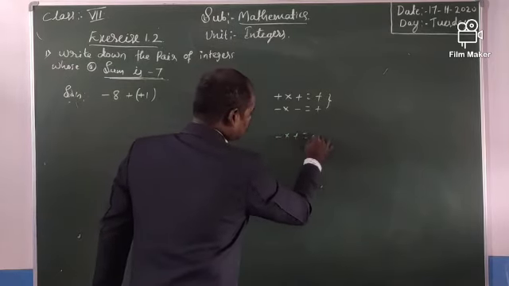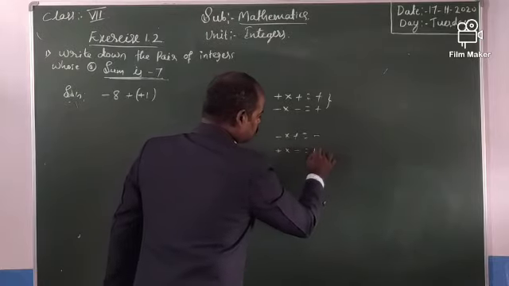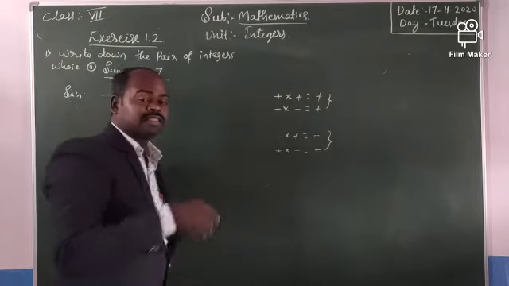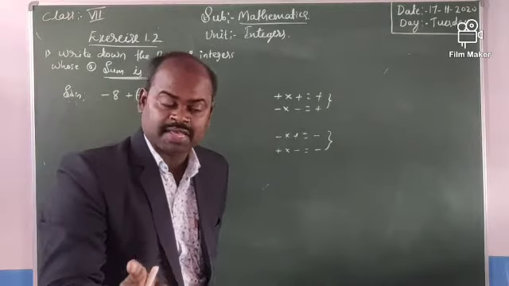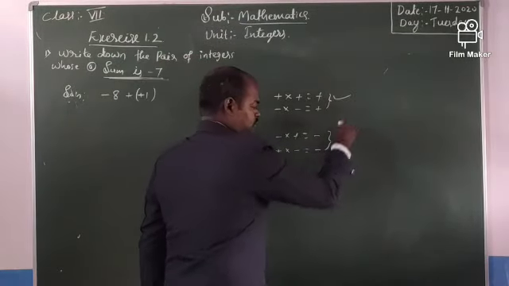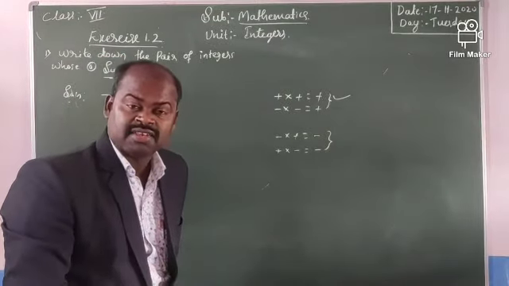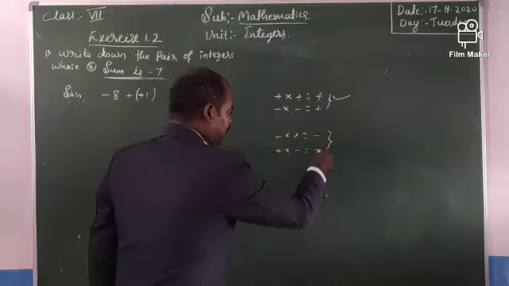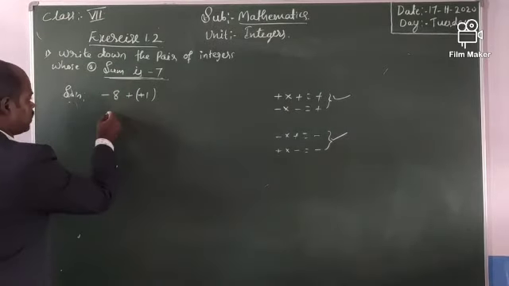Minus into plus equals minus. Plus into minus equals minus. Which means the product of any two like signs is always positive, and the product of any two unlike signs is always negative. Got it? The same we have to apply here.